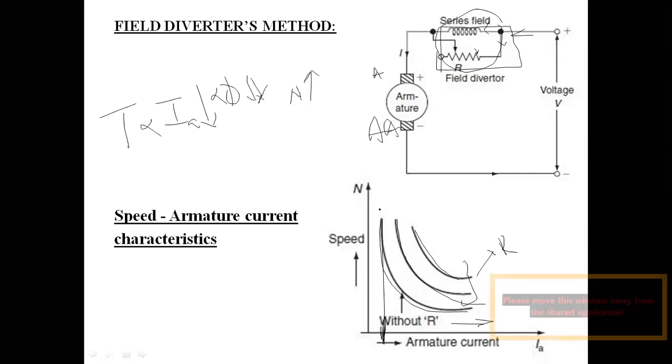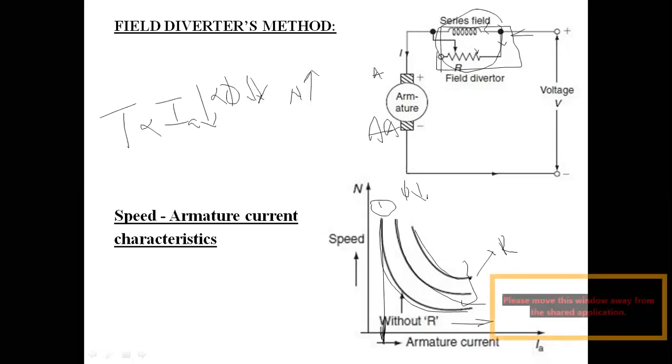This is the first curve which we experienced without connecting any field diverter across the series field. When connecting this field diverter and increasing the resistor, the flux is going to decrease by varying this current, and the characteristics are going to be like this.